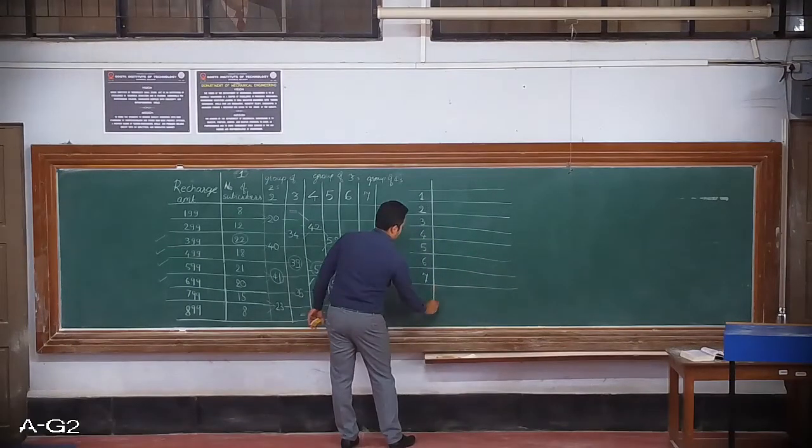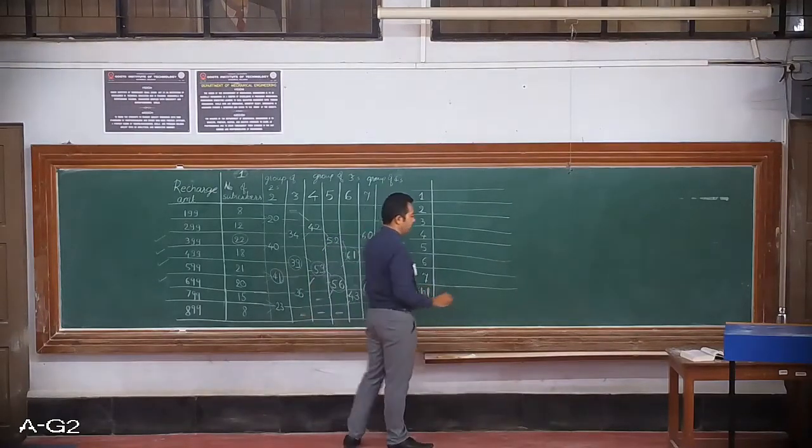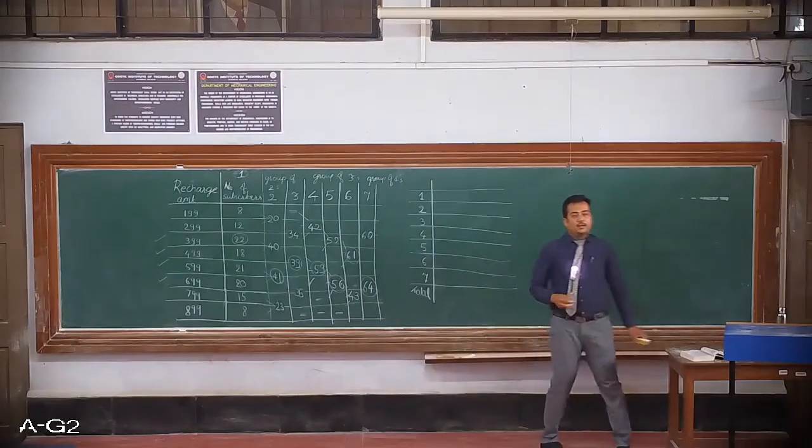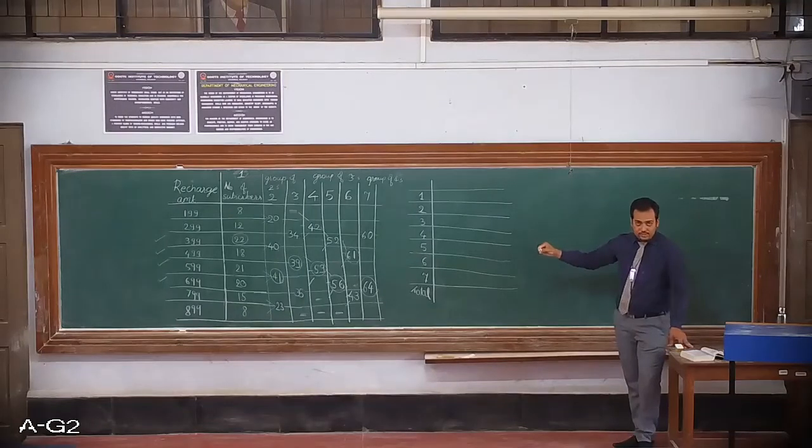Then I can have a total. And the X values, or the recharge amount values, where we have assumed there will be the modal value, I'll be writing as column values.